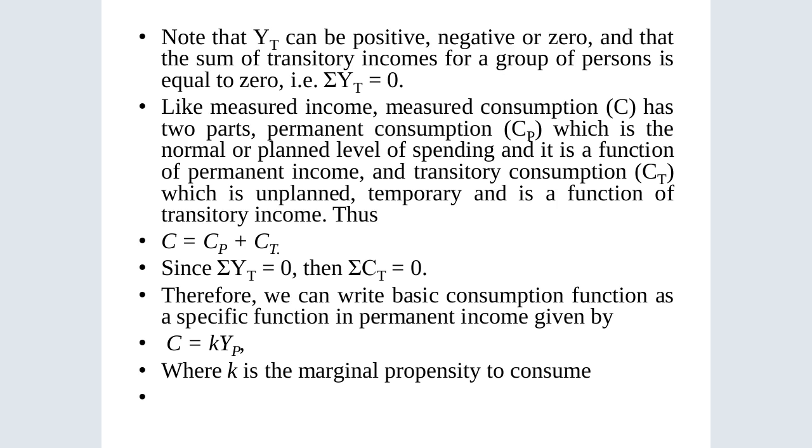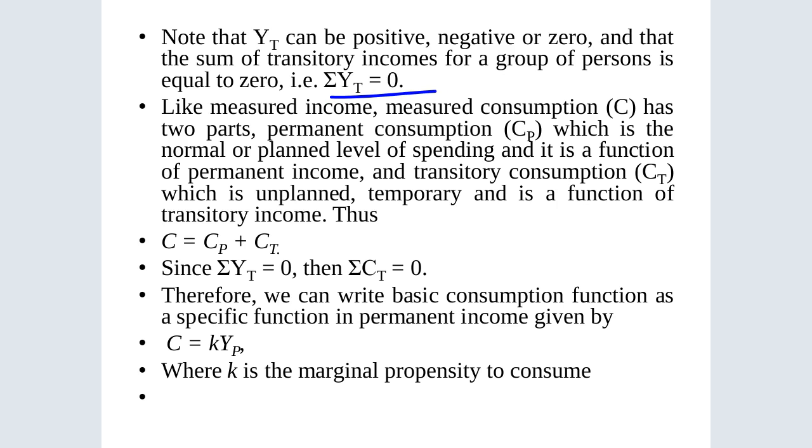So the transitory income can be positive, negative, or zero. And the sum of the transitory income for a group of people is equal to zero. That simply means that if we compute the transitory income for a community or for a society, it will be equal to zero.